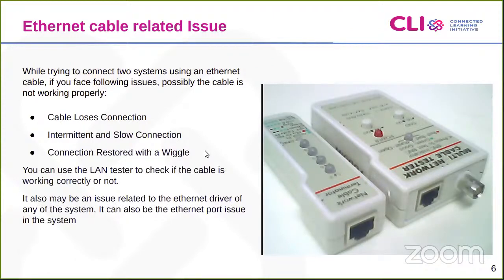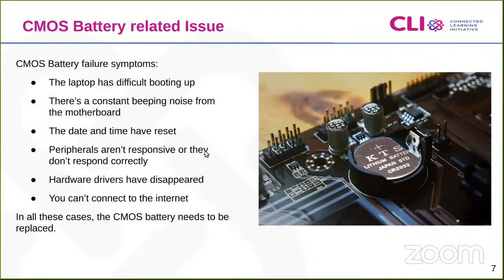So moving on, if you remember in the previous sessions, we talked about the CMOS battery. When we talked about BIOS, we talked about the CMOS chip. There we talked about the CMOS battery. That time I also told you that there are some symptoms of CMOS battery failure. That is, the laptop or your system is having difficulty in booting up.